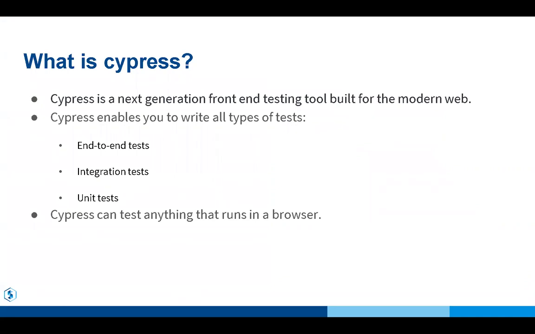And finally, what is Cypress? According to the description on the Cypress web page, Cypress is the next generation of front-end testing tool built for the modern web. With Cypress, you can write different kinds of automated tests like end-to-end tests, integration tests, and unit tests. The Cypress web page says that with Cypress you can test anything that runs in a browser.